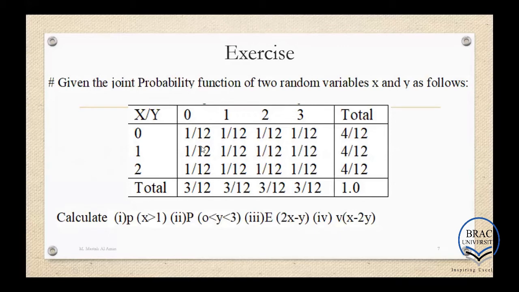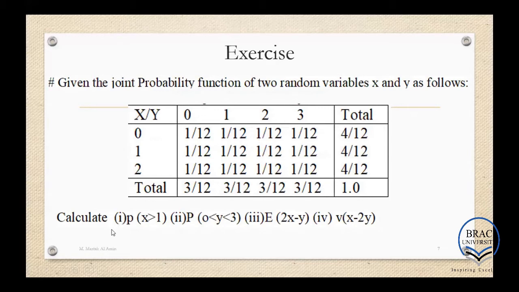When x equals 1 and y equals 1, then the joint probability value is 1 by 12. And also about their marginal probability, if x equals 0, then the marginal probability is 4 by 12. If y equals 3, then the marginal probability is 3 over 12.